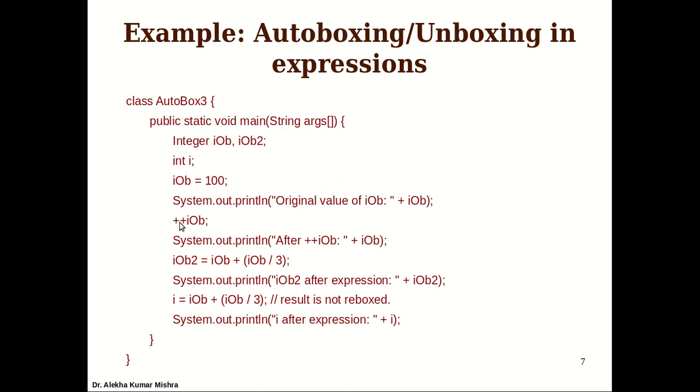Then we are incrementing. Incrementing is generally done with the primitive type, so what happens here? Both boxing and unboxing are happening here. Then let's come to this expression. Whenever you use an arithmetic operation, any operator, it is generally done through the primitive type, you remember.